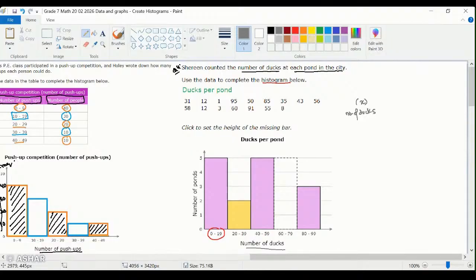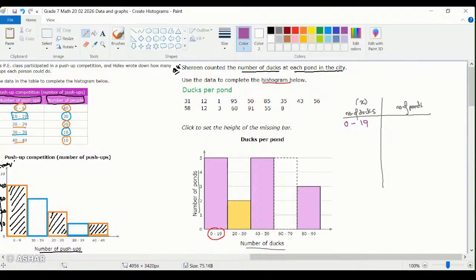On the vertical axis, it says number of ponds. If the incomplete bar graph is drawn for us, we do not have to find this. We are assuming the bar graph is not there, and we'll try to put all the values in the bar graph.